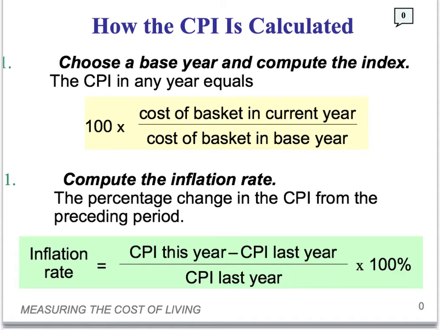So, as you can probably figure out, if the price in the current year is higher, the CPI will be greater than 100%. And if the cost of the basket in the base year goes down, it will be less.